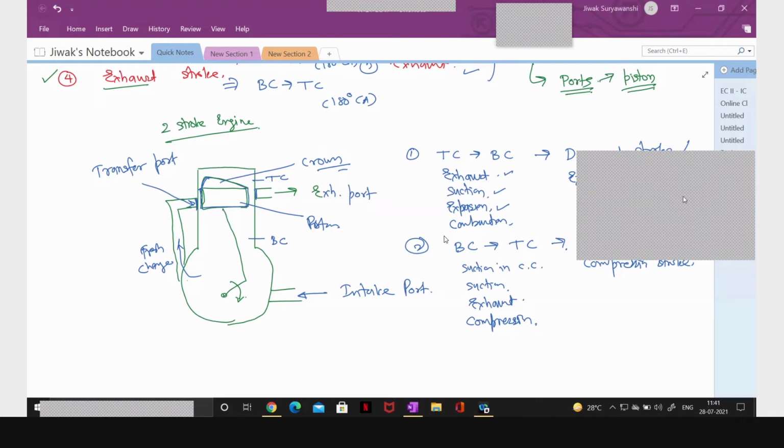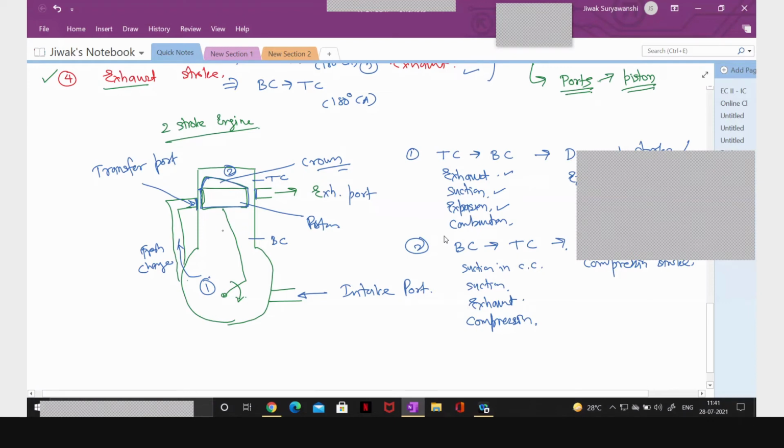Moreover, if you see the pressure difference here, let us take this case 1 and here 2. This pressure difference is greater than the pressure difference between 1 and 3.